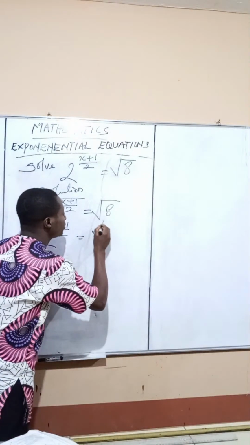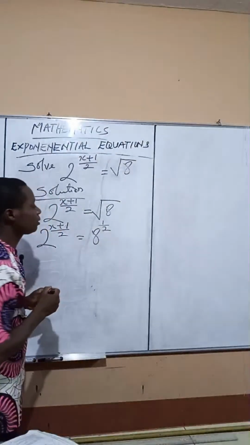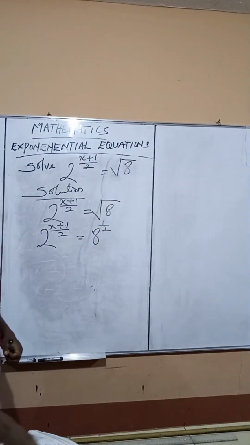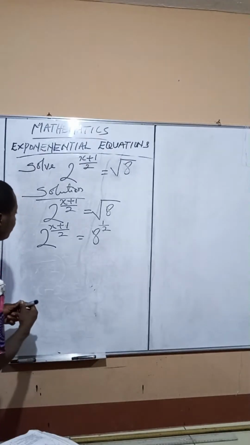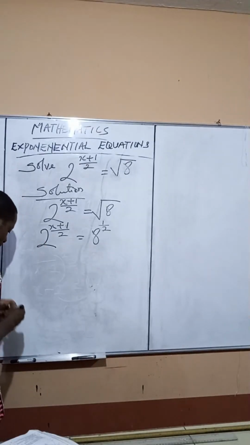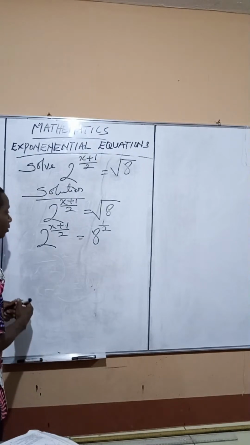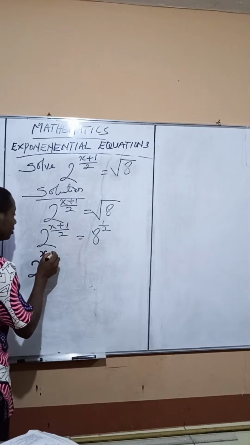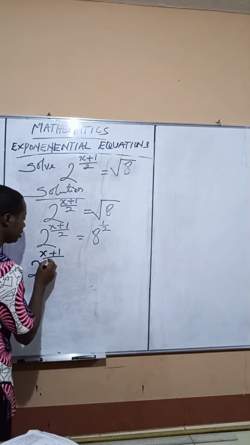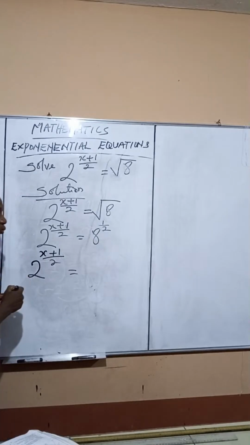It's 1 divided by 2. Something like this. So if we have this, it means that we can rewrite 2 raised by x plus 1 divided by 2 is equal to.